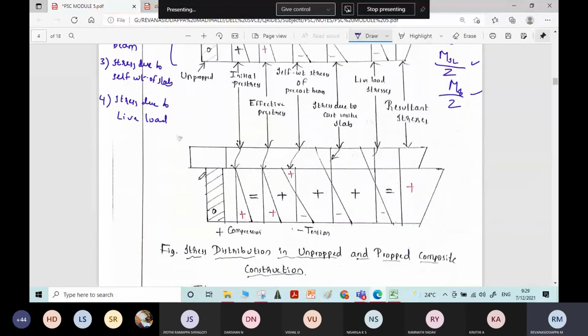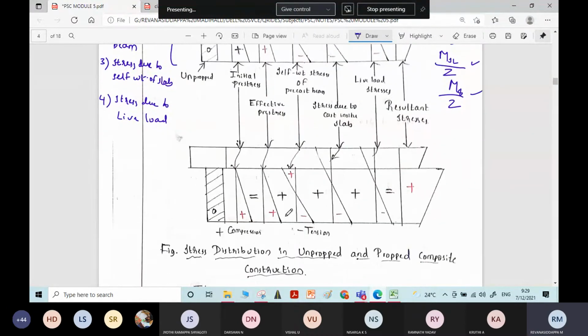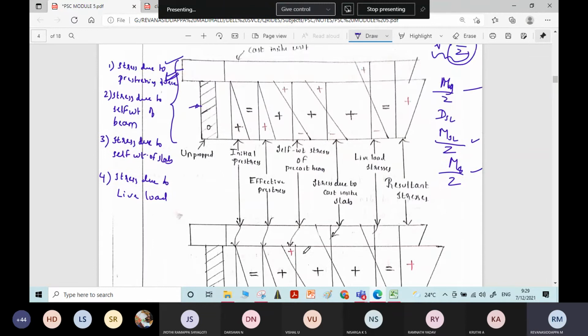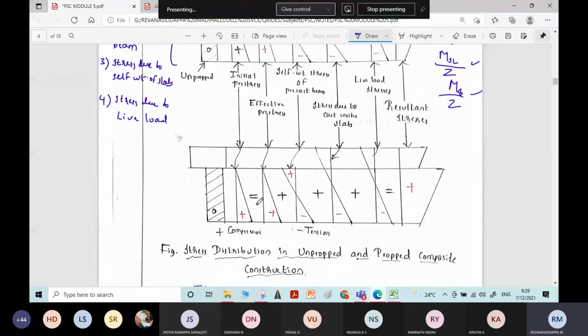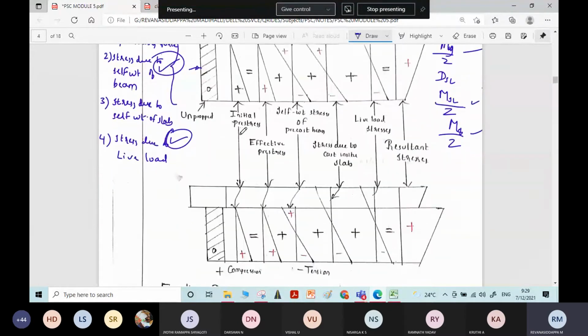Then coming to the analysis of stresses for propped construction, here the stresses due to the pre-stressing force, stress due to the self weight of the beam, and stress due to live load, all these three steps are same as that of unpropped construction.